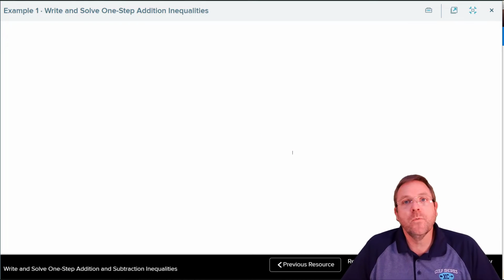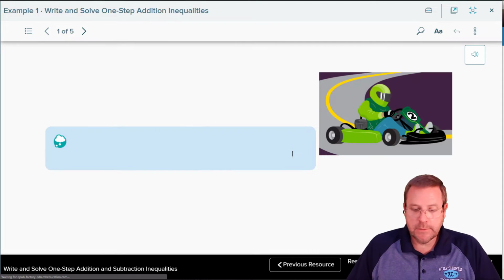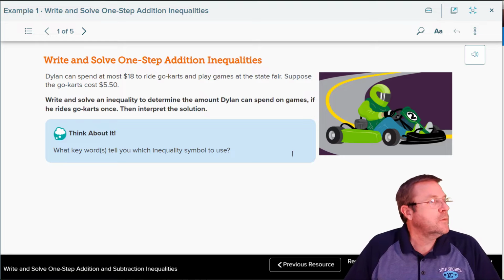to example 1, which says Dylan can spend at most $18 on go-kart rides and playing games at the state fair. Suppose the go-karts cost $5.50. Write and solve an inequality to determine the amount that Dylan can spend on the games if he rides go-karts just once.